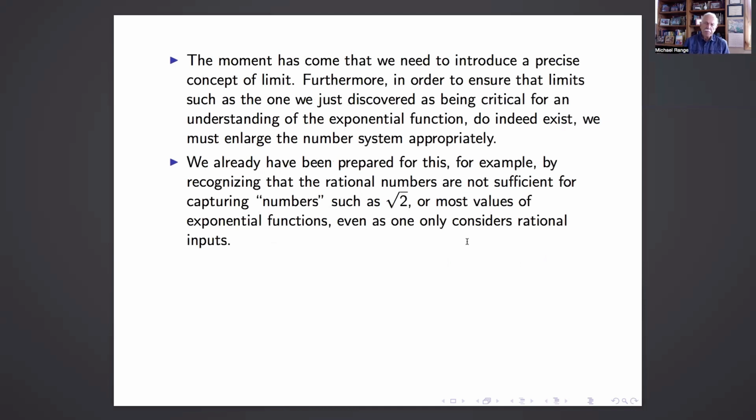We already have been prepared for this, for example, by recognizing that the rational numbers are not sufficient for capturing numbers such as square root of 2, or most values of exponential functions, even if one only considers rational inputs.